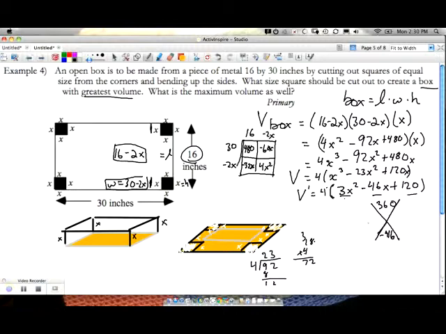Now this is not as hard as you would think. It's going to be negative 36 and negative 10. And that actually adds up to negative 46 and multiplies to 360. So that means we have x minus 36 over that a, which is 3, and x minus 10 over 3 equals 0.